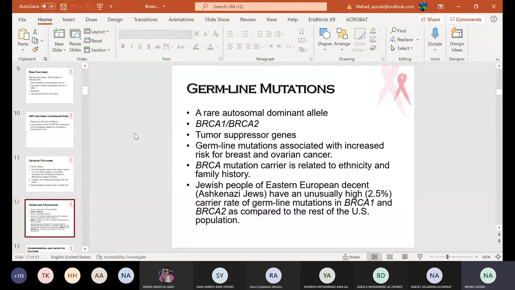When there is loss of function because of germline mutations, we lose the DNA repair, and so with mutations in the BRCA1 or BRCA2 genes, the risk that the patient ends up with breast cancer or ovarian cancer is very high. Okay.